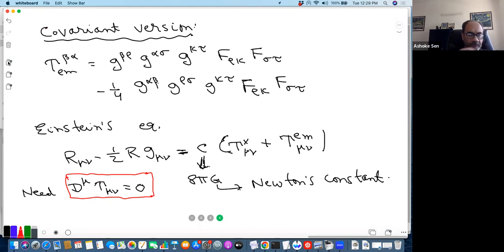So this finishes the formulation of Einstein's equation. So what we are going to do next is to study solutions to Einstein's equation. How do we go about trying to find non-trivial solutions?